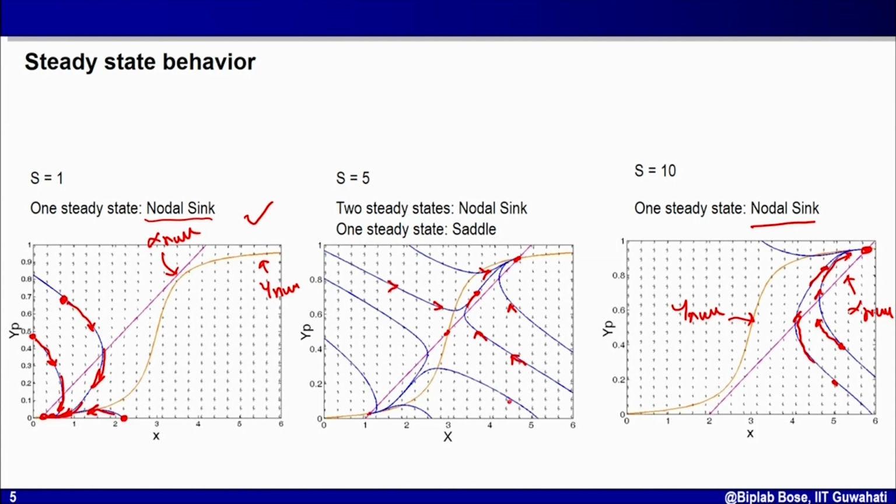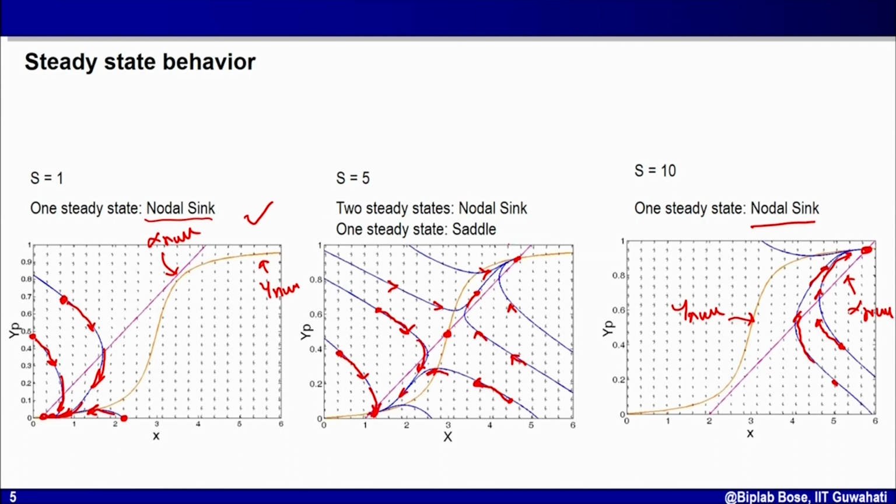Whereas if I start from here, the trajectories are taking me to the other steady state at the lower value. If I start from here, I will follow this trajectory and collapse at this lower steady state. If I start somewhere here at t equal to 0, I will follow this blue line and collapse at this steady state. Nowhere does the trajectory collapse at the middle steady state.